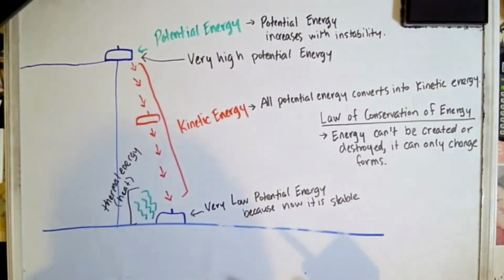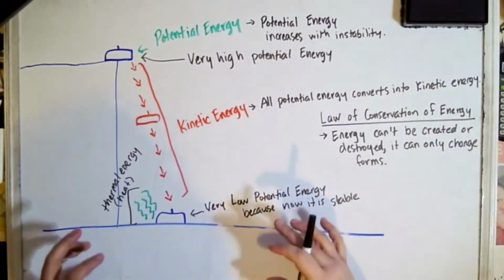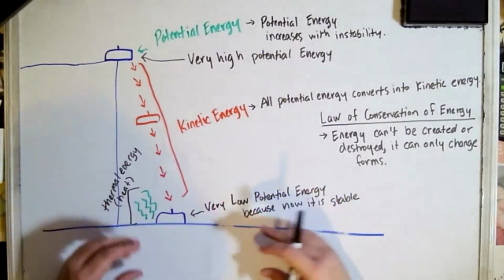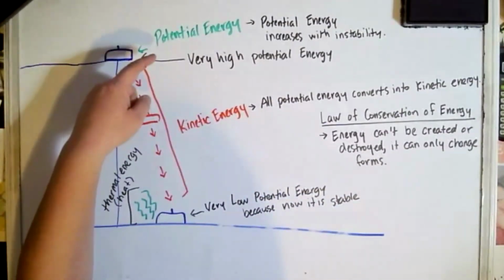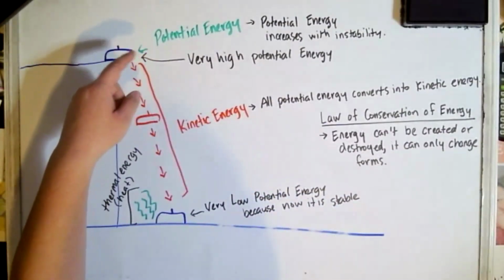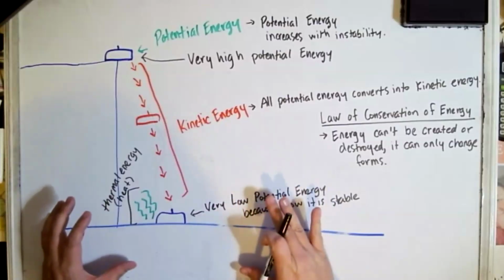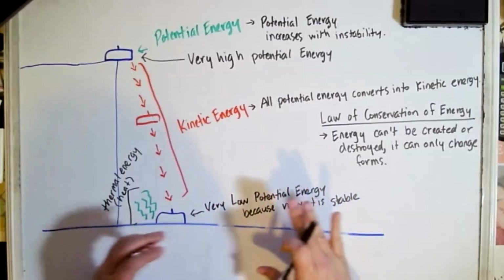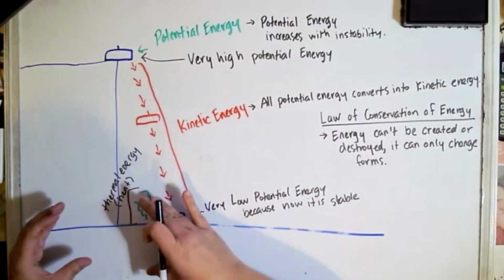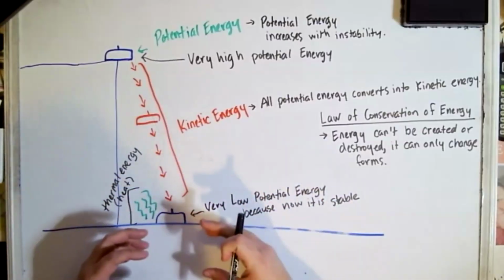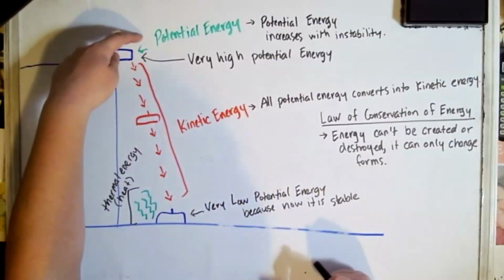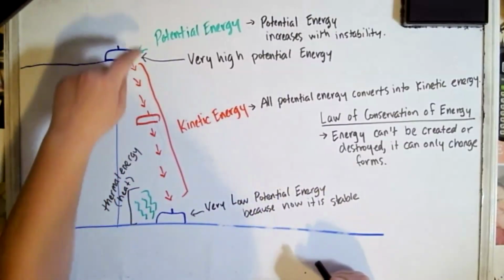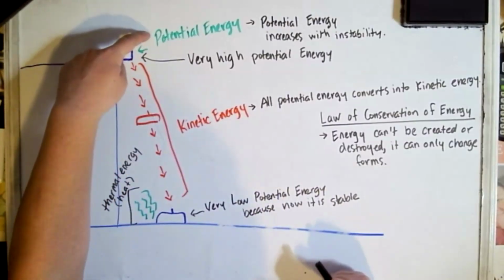And if you were able to keep track of the exact amounts of energy present, what you would see is that however much potential energy you started with at the top, if you looked at the amount of potential energy at the bottom and the amount of thermal energy being released, and you added those energy amounts together, it would be the same amount of energy as what you started with up here. So let's say you started out with 100 joules of potential energy.